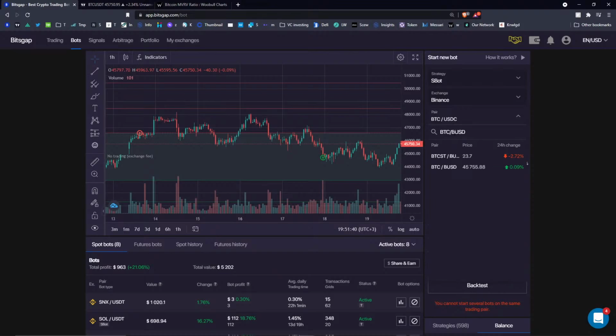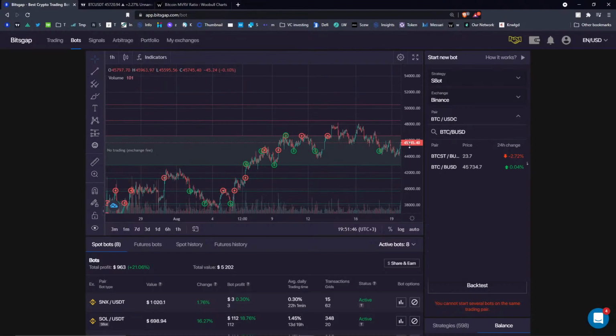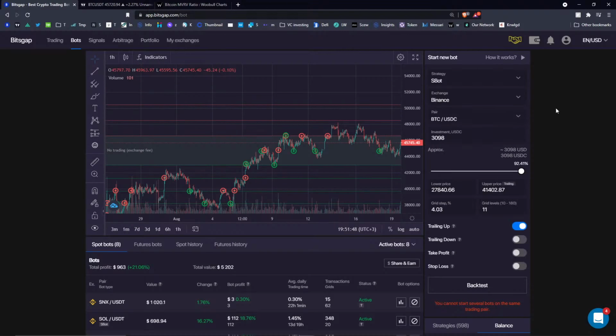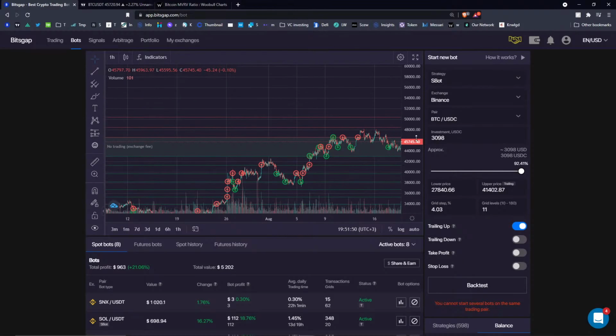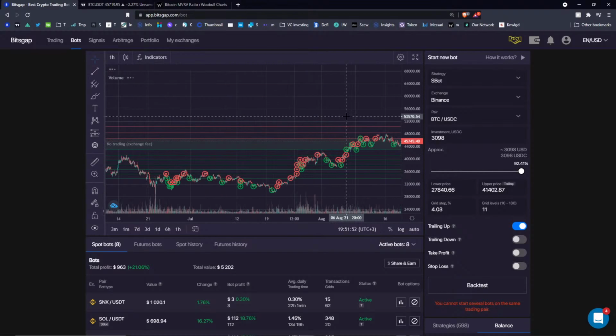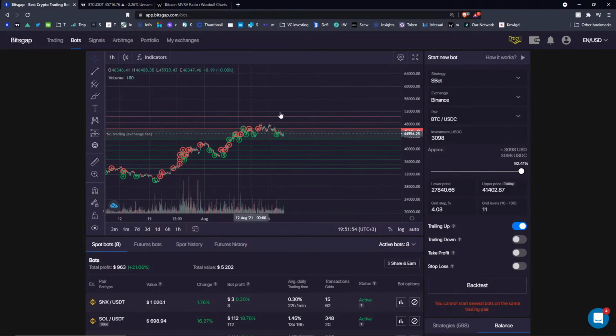Around 5 or even 6 stable coins. So you can have 6 strategies trading on Bitcoin simultaneously. It's just that the stable coin is different, but pretty much the same chart layout, because it's just the stable coin that you switch. Okay, so pretty much that's what I wanted to show you today.